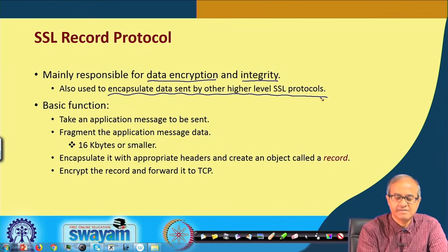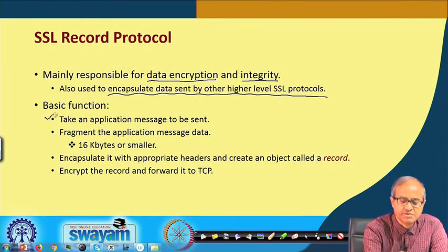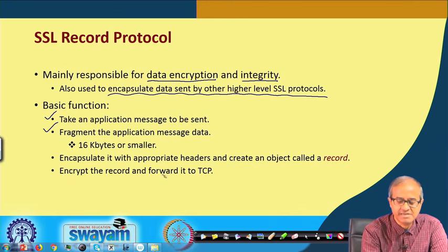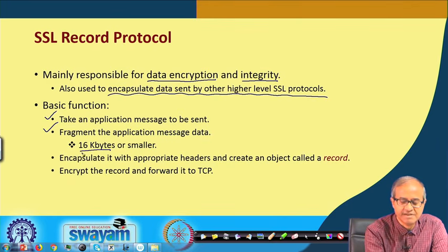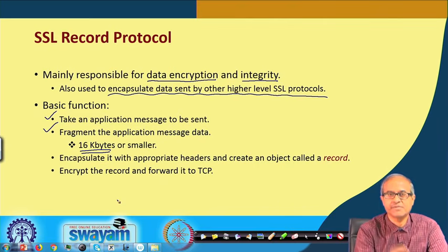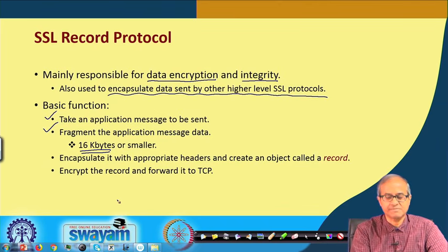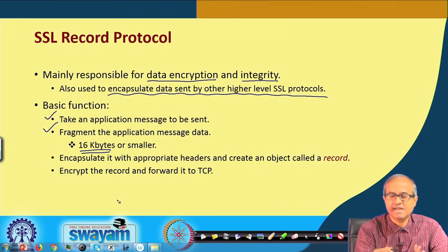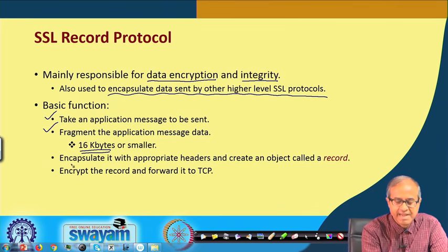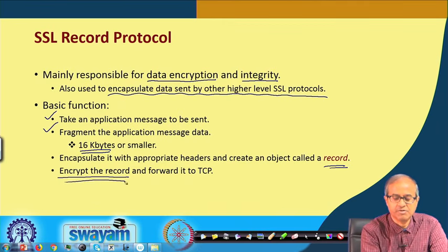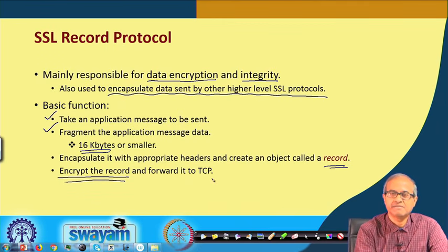The basic functions are as follows. It takes a message to be sent and, first, fragments the message into smaller chunks. The chunks for SSL are defined as 16 kilobytes. So, if the message is larger, it is broken up into 16 kilobyte pieces, and each of these is handled in a certain way: headers are encapsulated to create a record, the record is encrypted and forwarded to TCP for delivery.